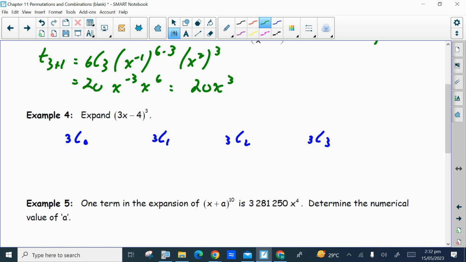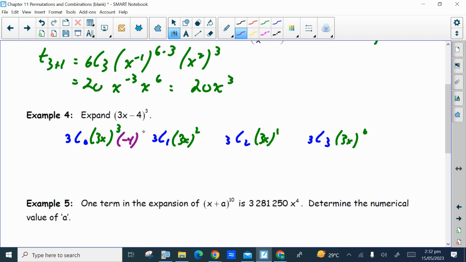The first term of the binomial is 3x. The first term in our expansion starts with that to the power n, the power 3. And then that power decreases term by term. The last term of the binomial is negative 4.